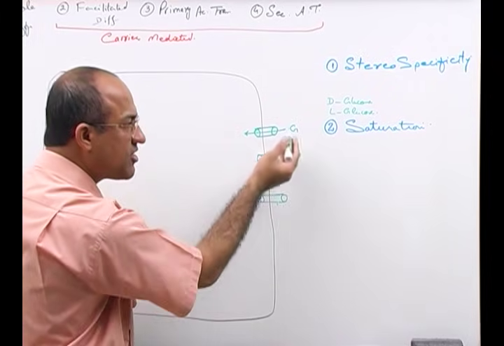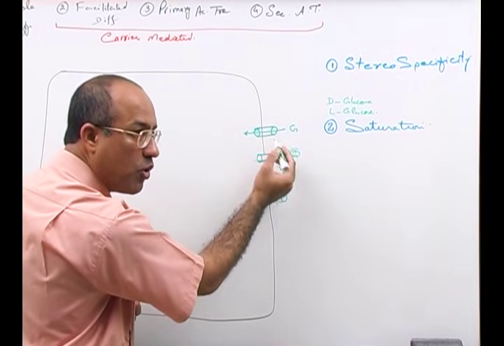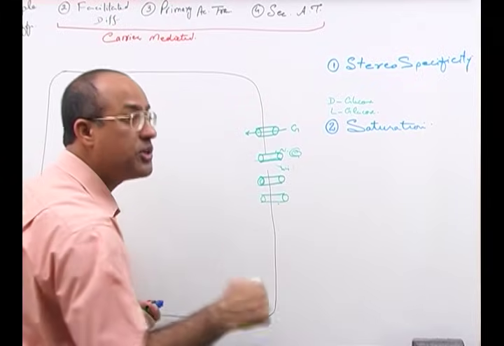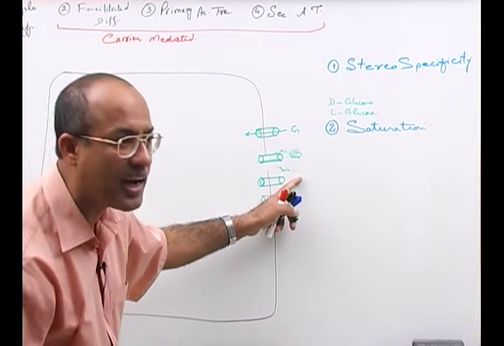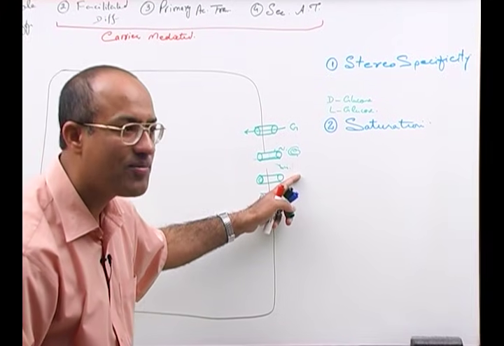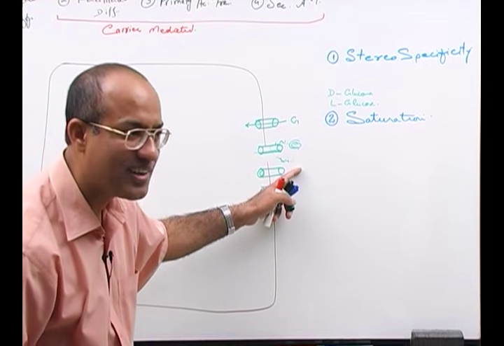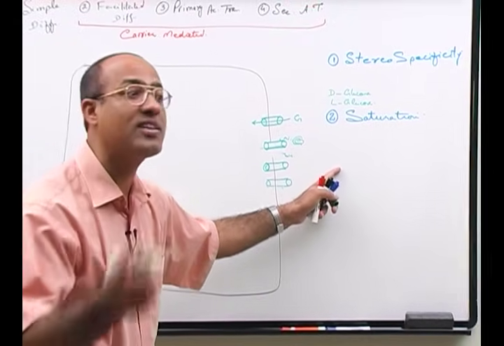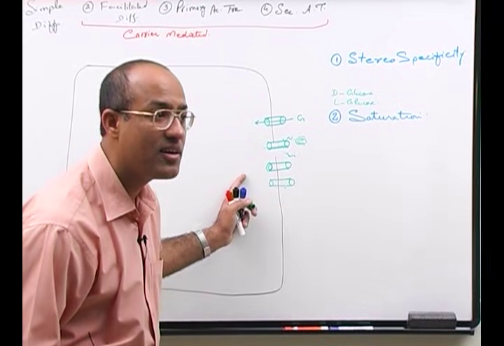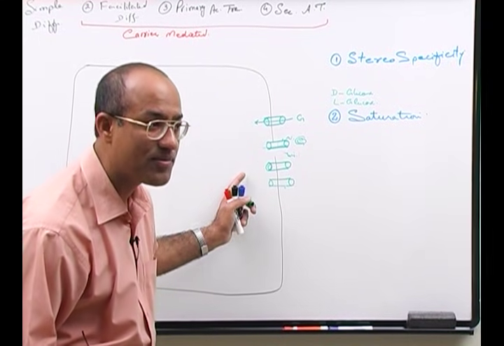But if you keep on increasing the glucose concentration, more and more carrier proteins will be utilized. And if you increase the glucose concentration very high, all the carriers will be saturated. Then further increase in glucose concentration will not further increase the transporting activity.